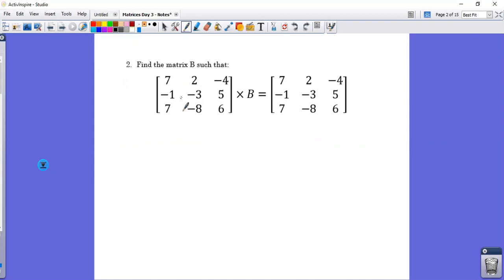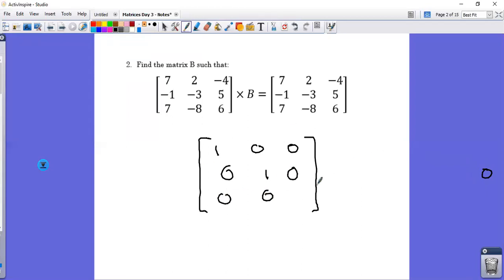Same thing here. If it's a 3 by 3 times a matrix and you get the exact same 3 by 3 back, then that 3 by 3 is going to be 1, 0, 0, 0, 1, 0, 0, 0, 1.